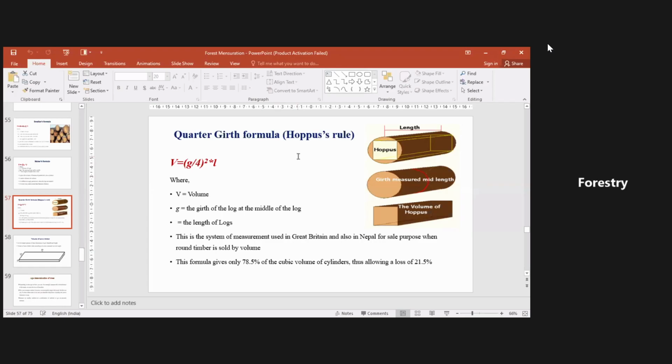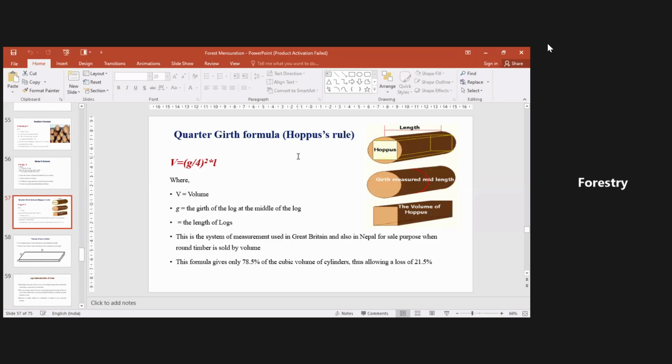So the quarter girth formula, we use when there is a single stem, so at that time you will use this quarter girth formula. Because we can measure the circumference directly, the quarter girth, when it is single. So when using this, girth at middle of the log, we will use this to estimate the volume mainly for the logs. It is not used for calculation of standing trees.